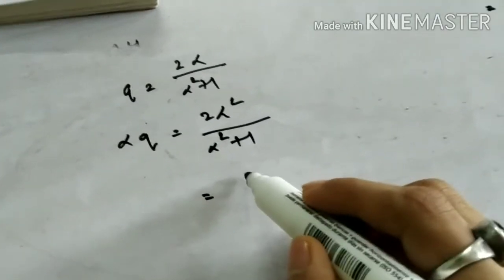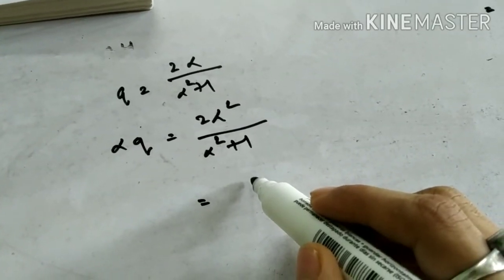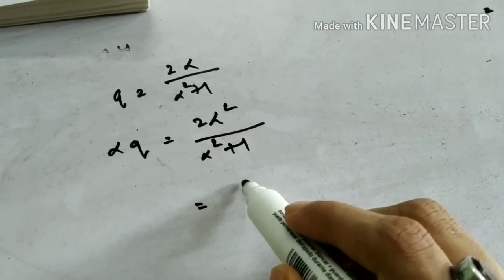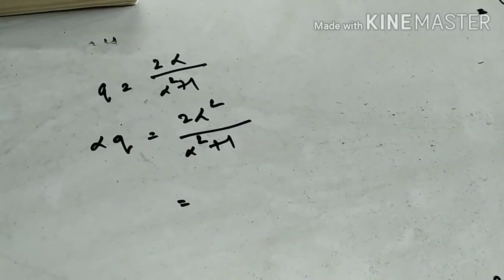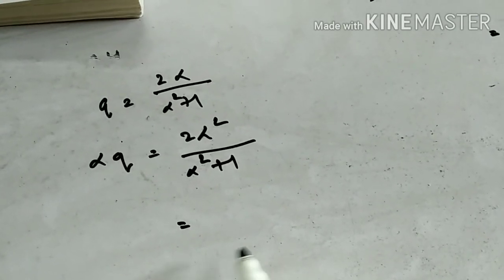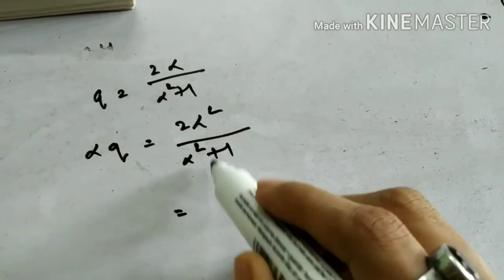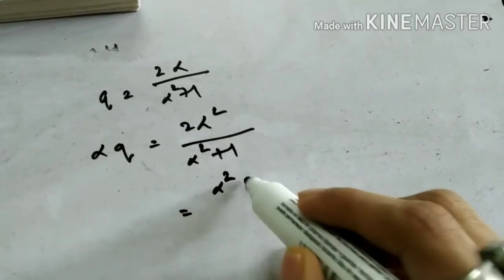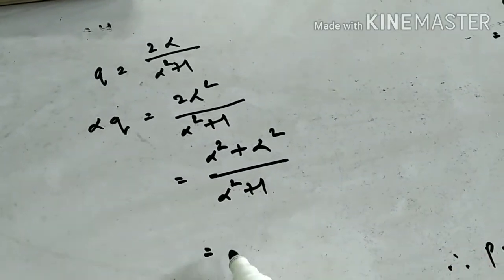So this, I can write it as, I have to 1 plus alpha square minus 1, I have to show. This one I can write it as alpha square plus alpha square plus 1.